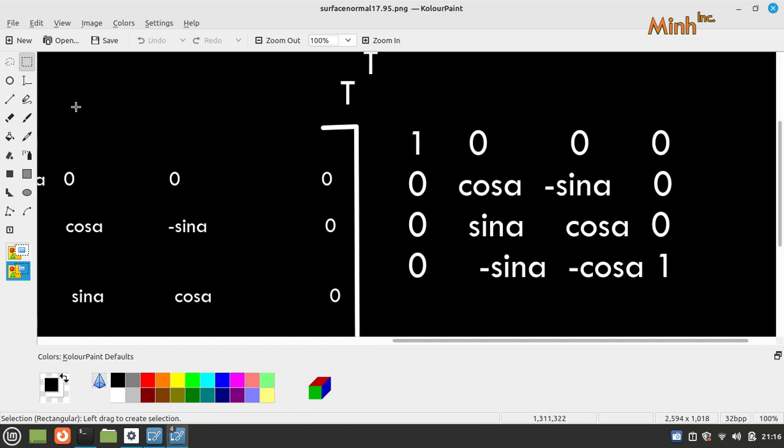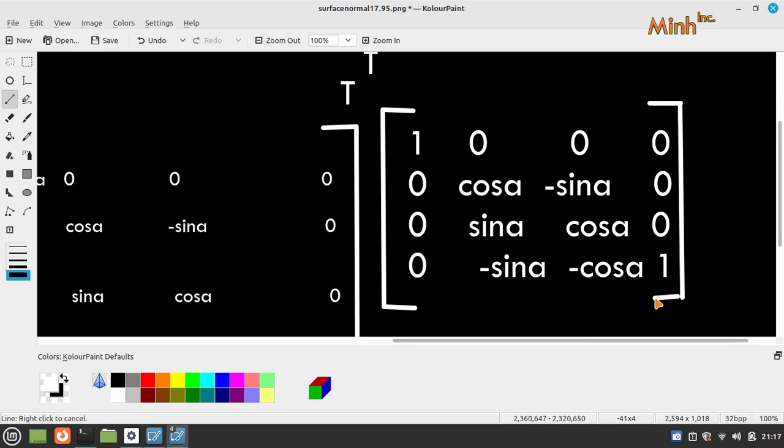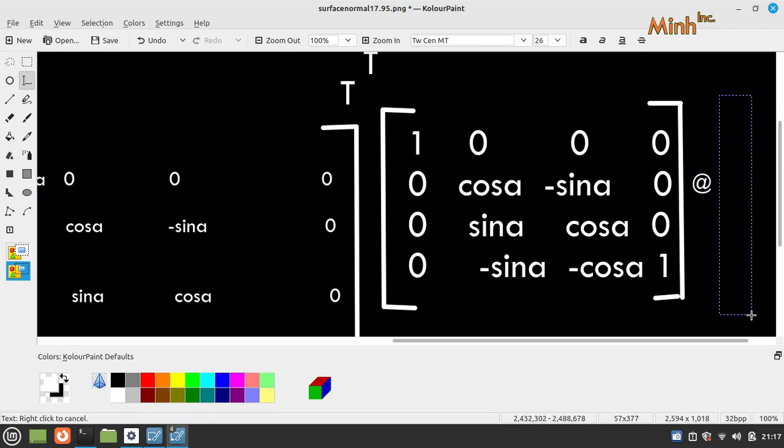Now the time has come: if this is the new transpose and inverse matrix, now we have to multiply, and the input points are 0, 0, 1 and 1.